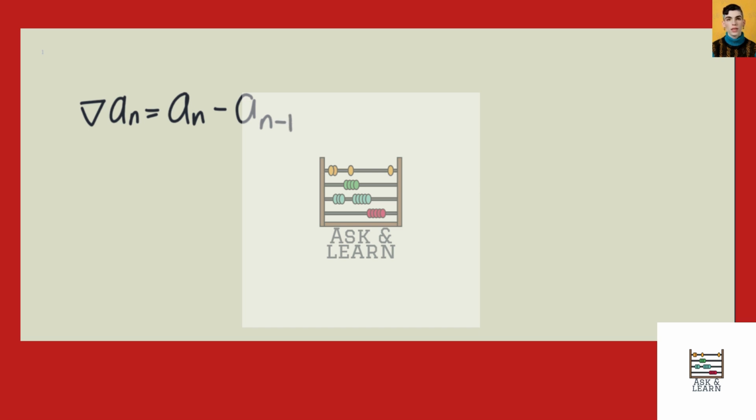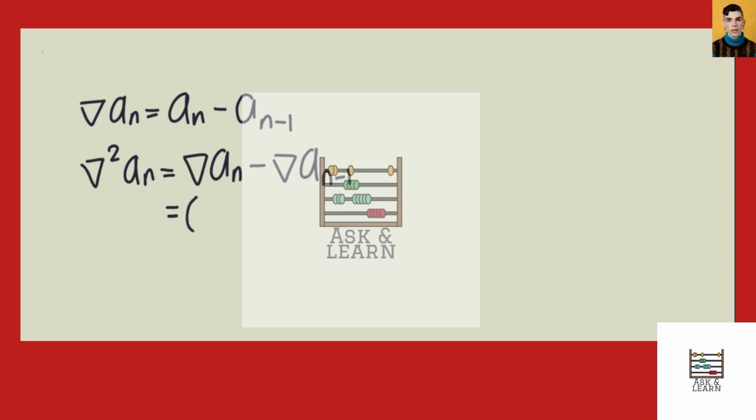And so we're going to go ahead and use this to determine the second difference, which would be expressed as the first difference of a_n minus that first backwards difference of a sub n minus 1.